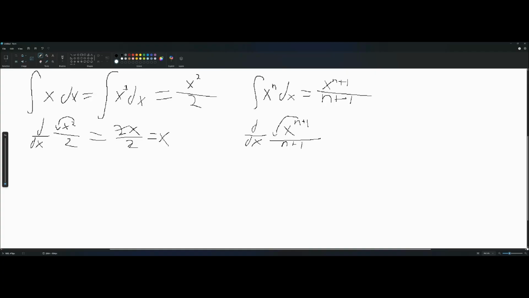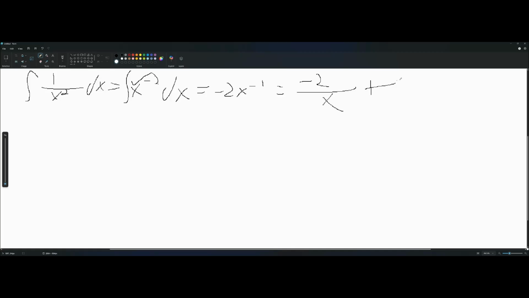We bring over the power, subtract 1, and that just gives us n plus 1 times x to the n over n plus 1. These cancel out, and we get x to the n. Okay, that is essentially what our power rule is.